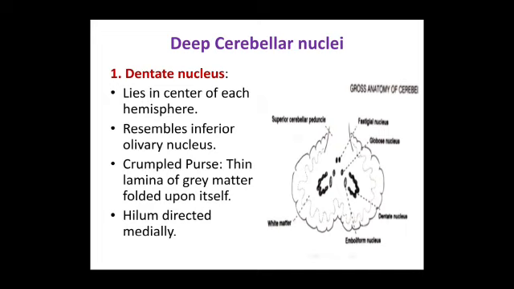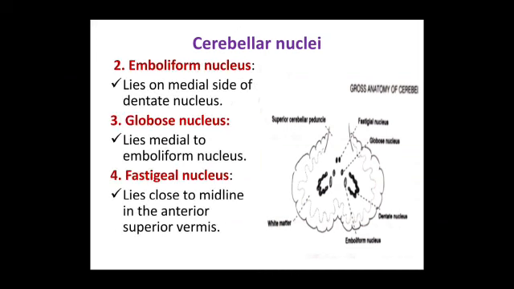The hilum is directed medially. The emboliform nucleus lies on the medial side of the dentate nucleus. The globose nucleus lies medial to the emboliform nucleus, and the fastigial nucleus lies close to the midline in the anterior superior vermis.